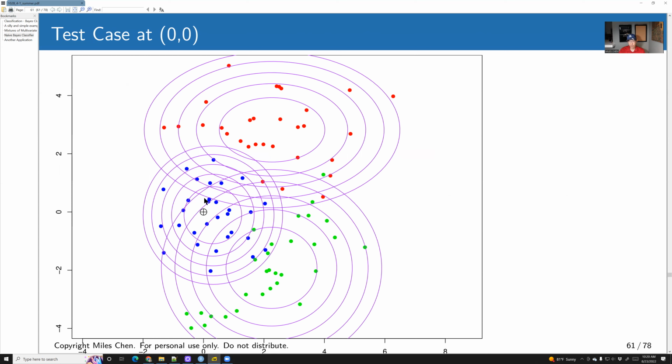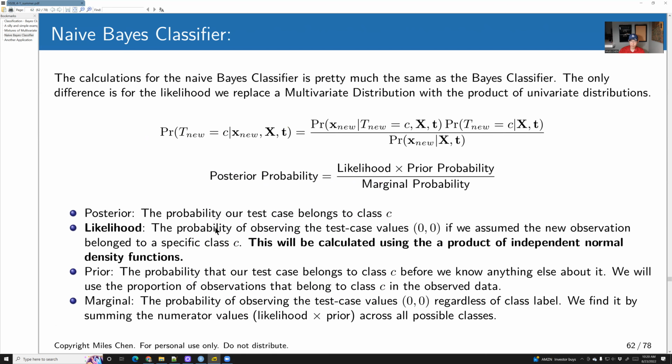All right, so let's just try this out again. How does it perform as far as classifying your dots? Let's try a dot at 0, 0. What is this going to be? Class blue, red, or green? We'll go through our calculations, and we use the same formula: likelihood times the prior divided by the marginal.